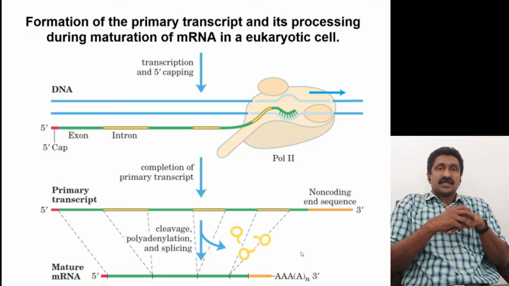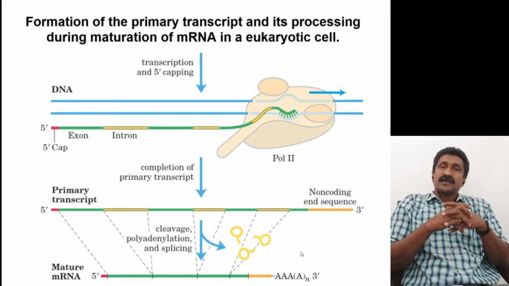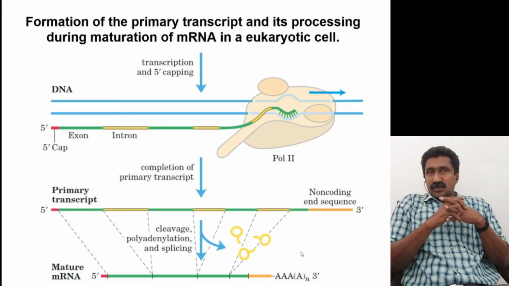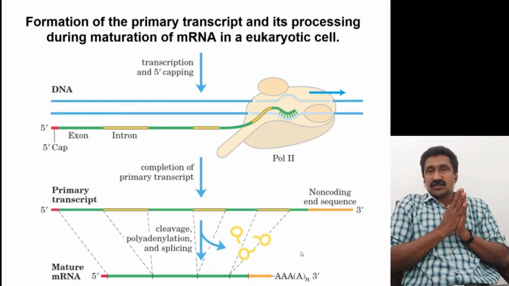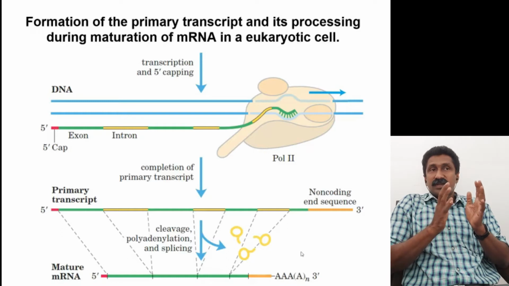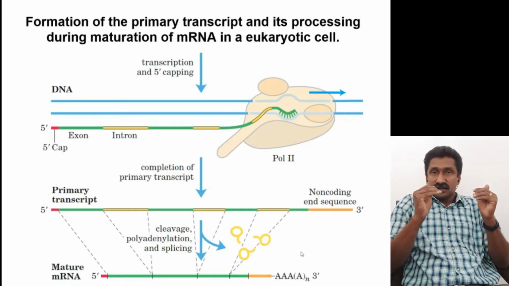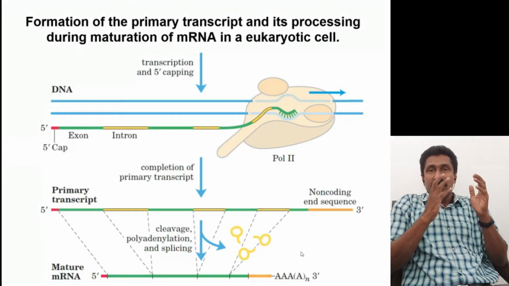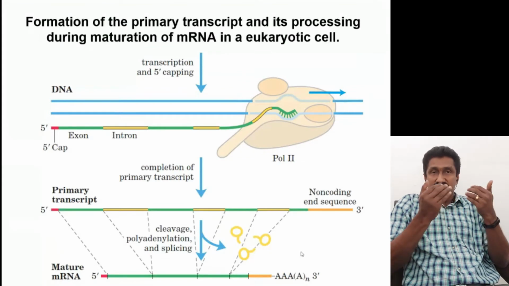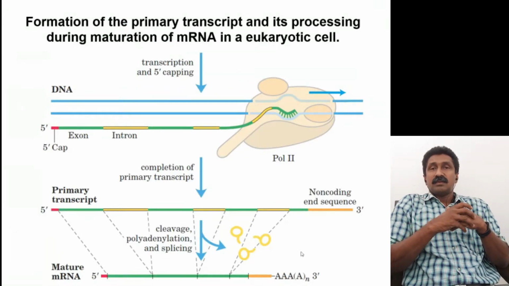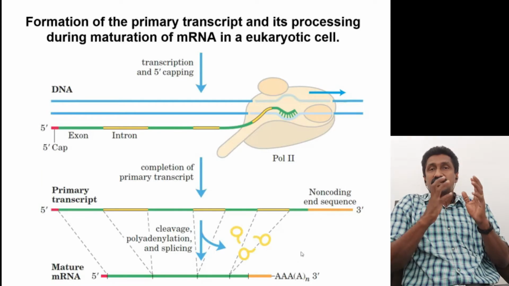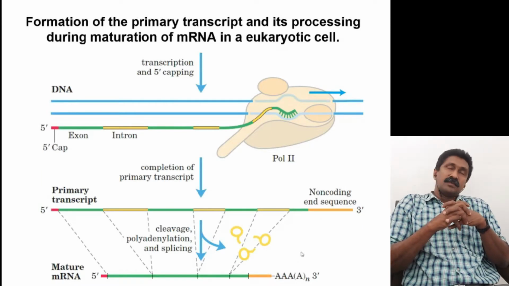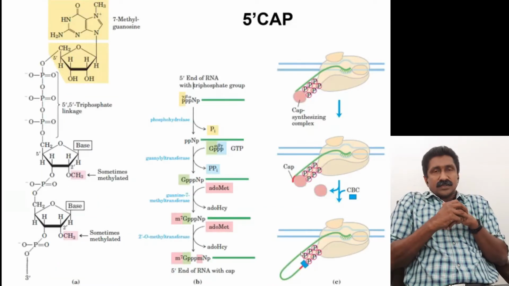Now we will come to the details of each and every step. So in today's session, we will be handling RNA splicing or RNA processing, in which the primary unprocessed RNA, which is produced in a eukaryotic system, is converted to the mature RNA by different post-transcriptional modifications or post-transcriptional processing.